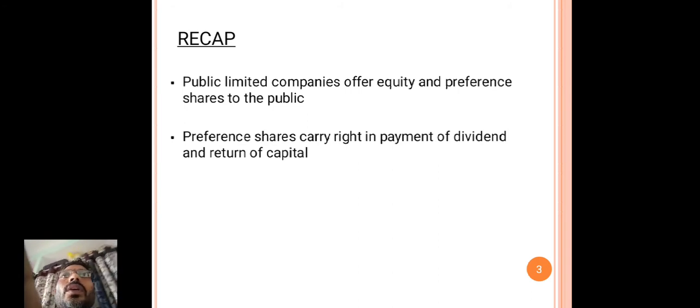There is no change in the rate or the amount of dividend. And the preference shareholder will enjoy preference over the equity shareholders in distributing the dividend or in the repayment of the capital in case of winding up of a company.